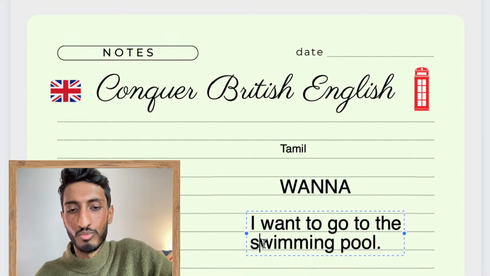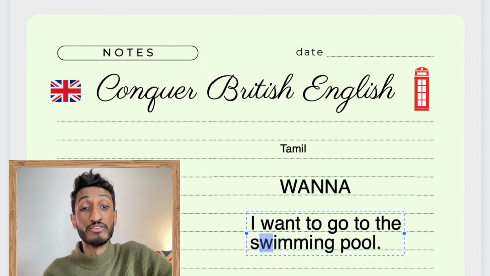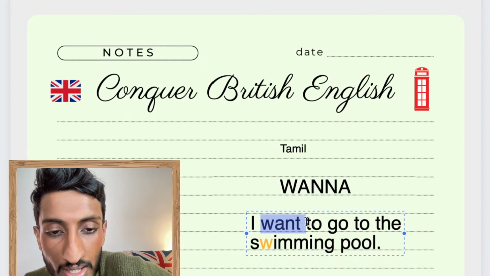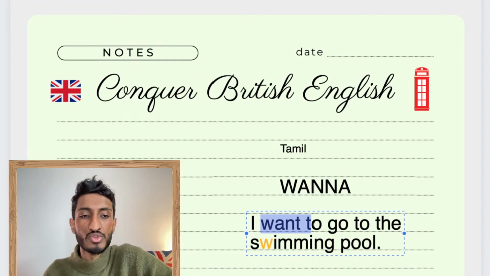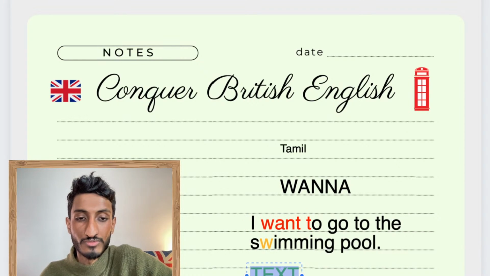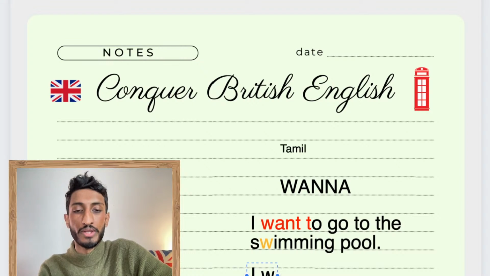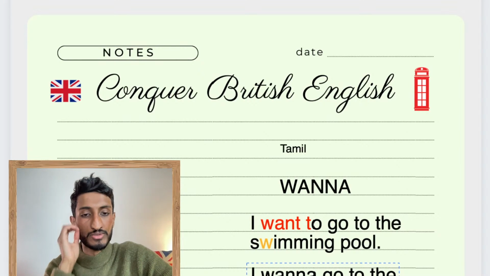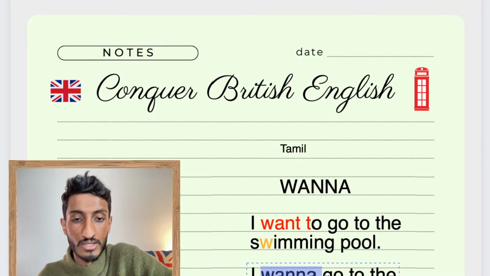Because we're going to discuss that V versus W sound that we were discussing earlier, right? So let's change want to into wanna. So I wanna go to the swimming pool, right? Let me just read out those two examples, and I want you to understand the differences between them.